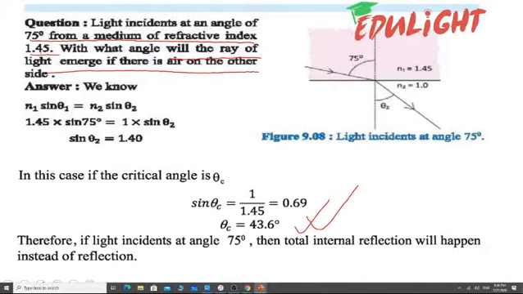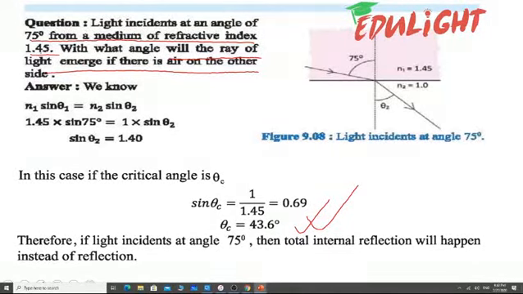So from a denser medium to a rarer medium, that is the air, will the ray of light emerge? What does emerge mean here? Emerge is something that comes out. That is mainly the thing.